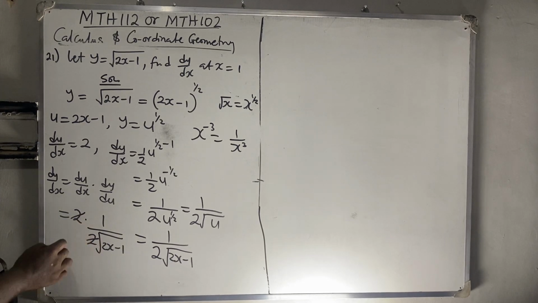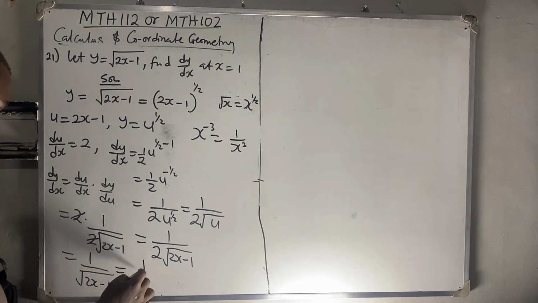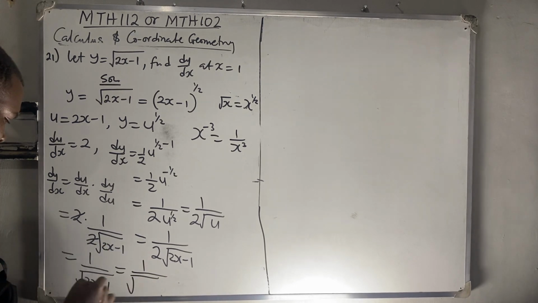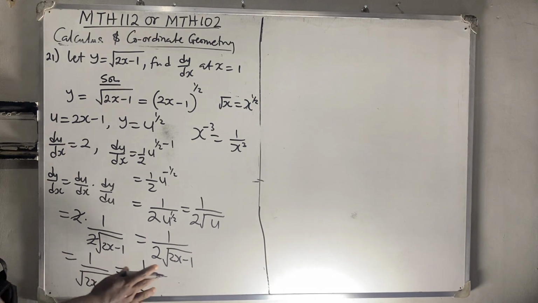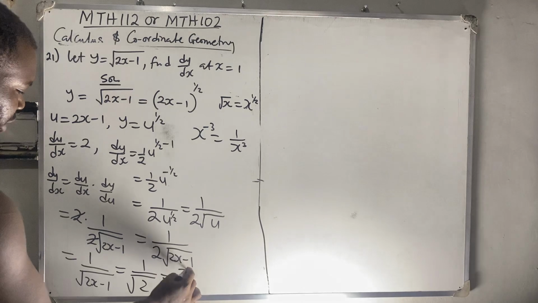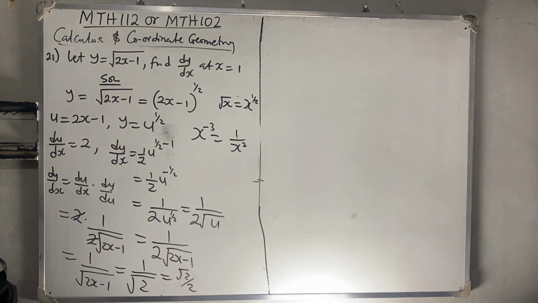So the 2 takes care of the 2, and I'm still having 1 over the square root of 2x minus 1 as my answer. Then we should find when x is 1. If x is 1, I'm having 1 over the square root of 2 times 1 minus 1, which is 1 over root 2. And 1 over root 2 is simply root 2 over 2 if you rationalize. So any of that is my answer.